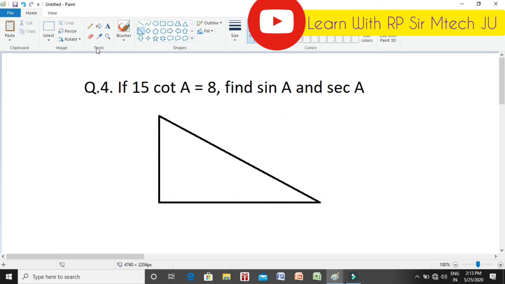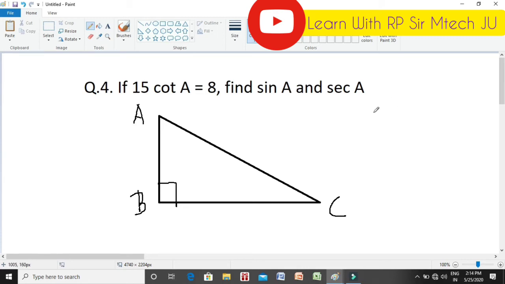Let us first name them. Let's say this is A, this is B, and this is C. Now B is again 90 degrees.